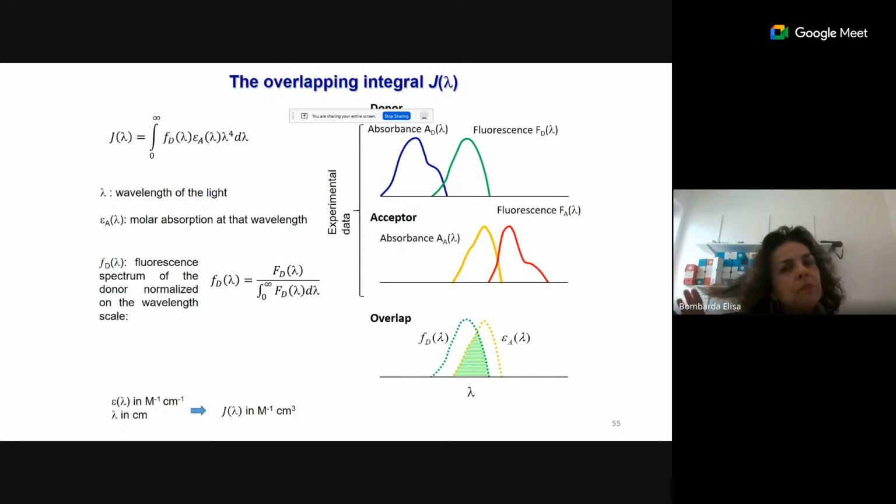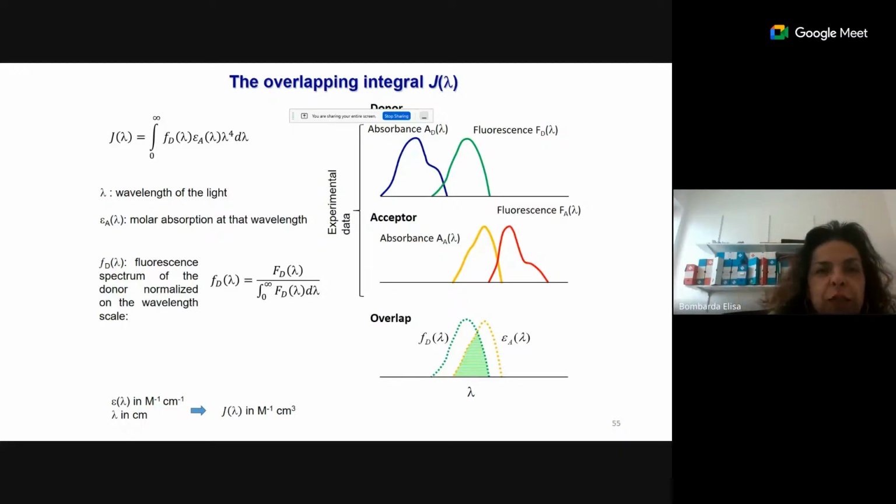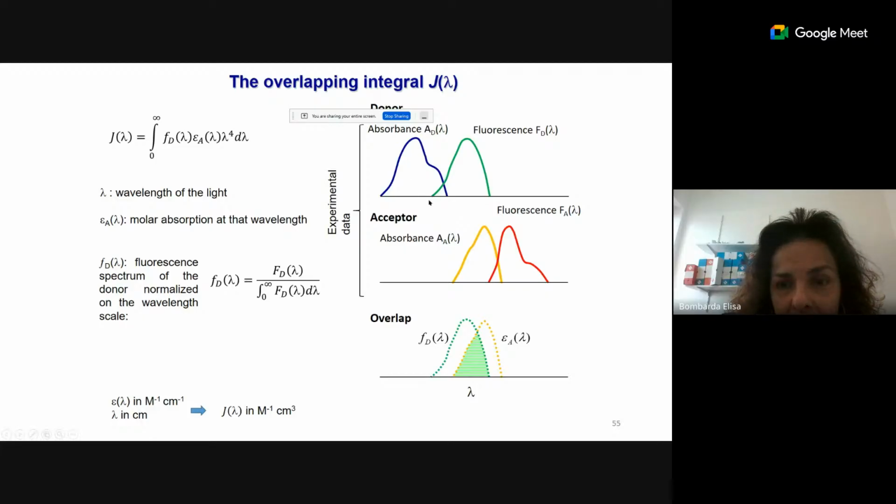So, more visual: what is the overlapping integral? As we said, in order for the transfer to occur, we need an overlap between the emission of the donor, which is here in green, and the absorbance of the acceptor.